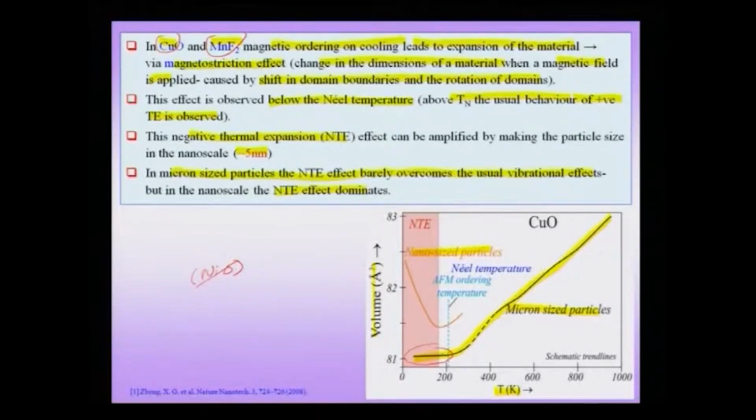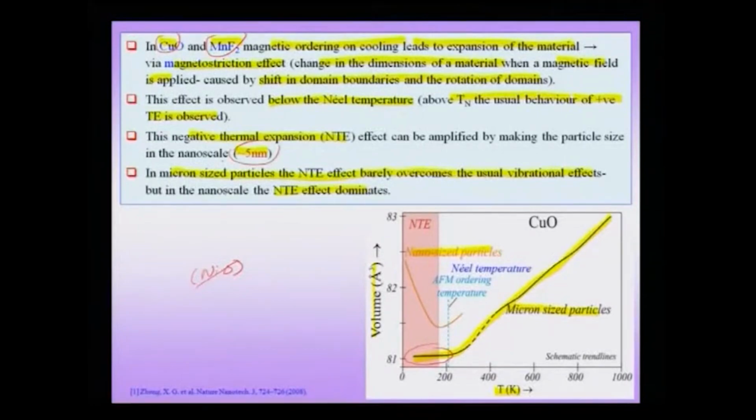So, in nano size particles, though there is this hidden effect giving rise to an altered coefficient of expansion, the coefficient still remains positive, because it is not able to overcome the normal vibrational expansion, which dominates in micron sized or larger particles.